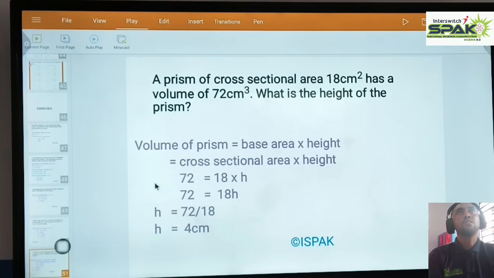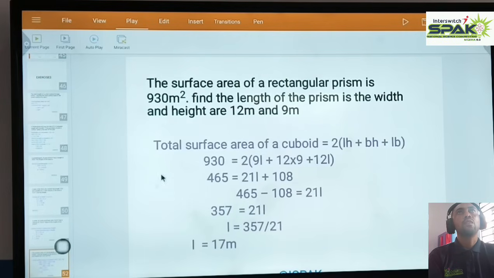The next question, we have here that the surface area of a rectangular prism is 930 meter square. Find the length of the prism if the width and the height are 12 meter and 9 meter respectively.